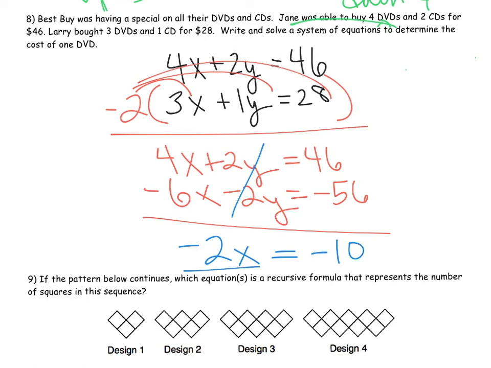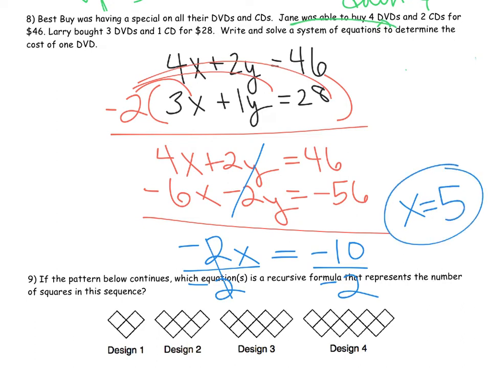When I solve for x by dividing by negative 2, I get x equals 5. So I know that the cost of one DVD, because as we said previously in our let statement, we let x be the cost of DVDs. We know one DVD costs $5.